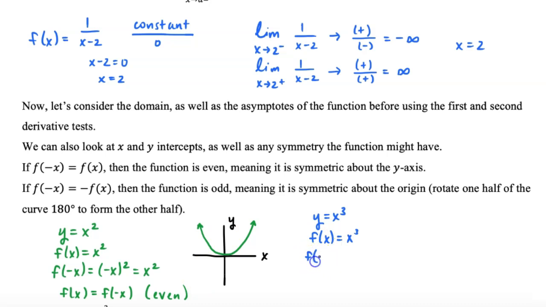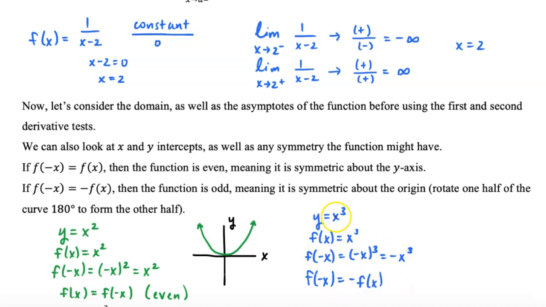So f of negative x is equal to negative x cubed, and I know a negative cubed is still a negative. This is just negative x cubed. Notice that f of negative x is just the negative version of my original function. So this is just negative f of x.